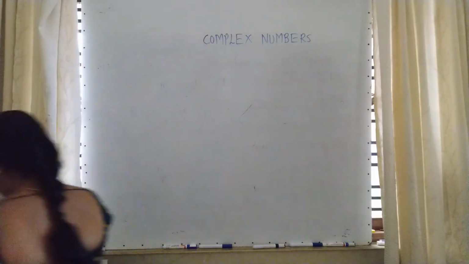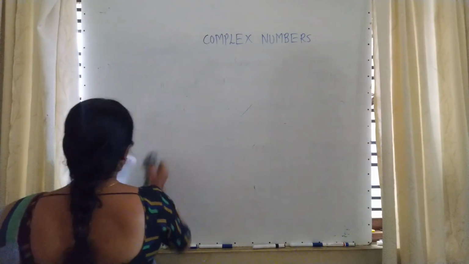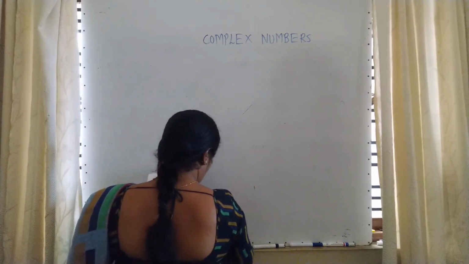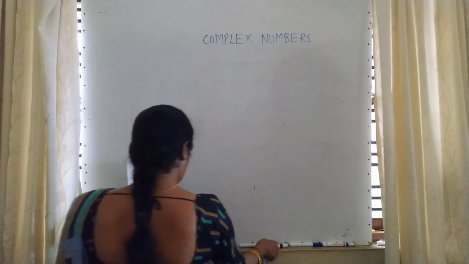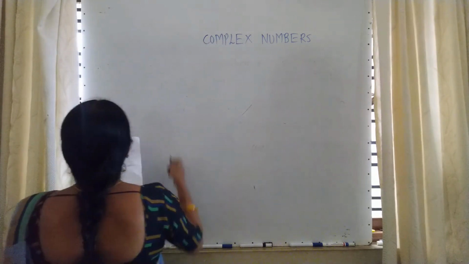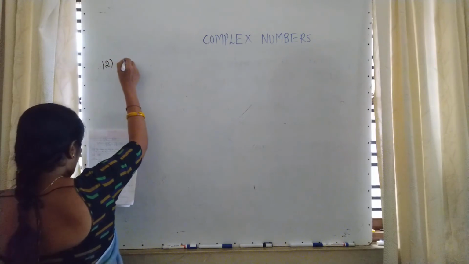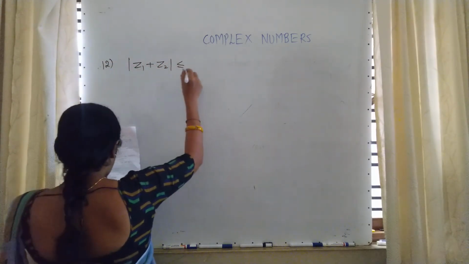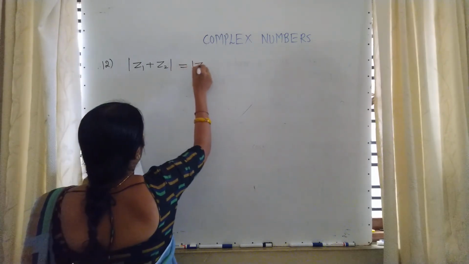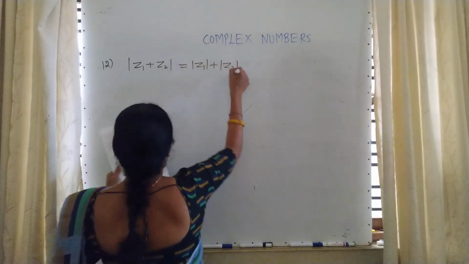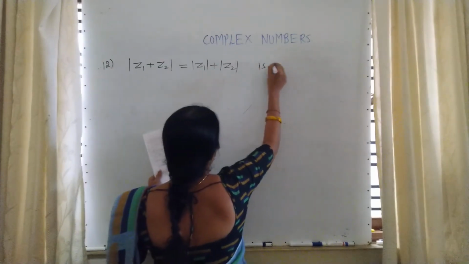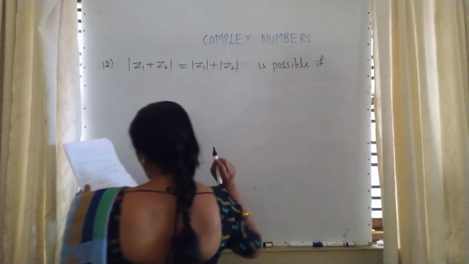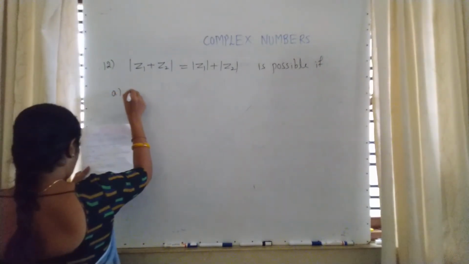Moving to the next question, that is question number 12. Modulus of z1 plus z2 less than or equal to modulus of z1 plus modulus of z2 is possible if you saw the concept correctly, you can mark this.